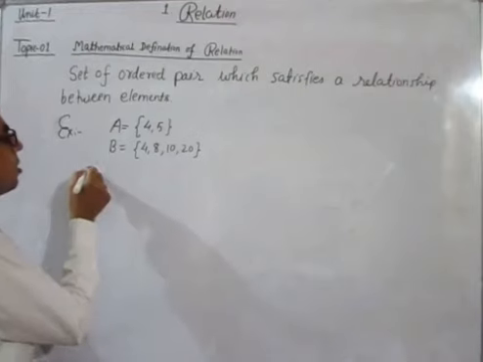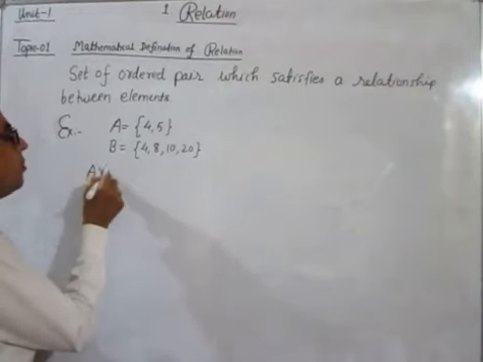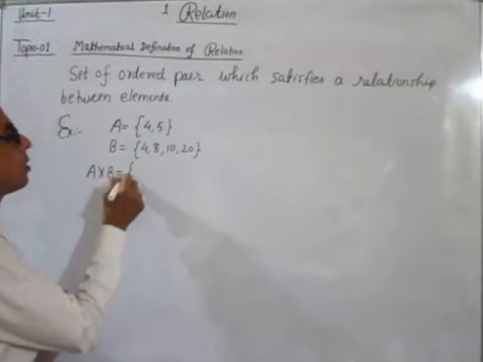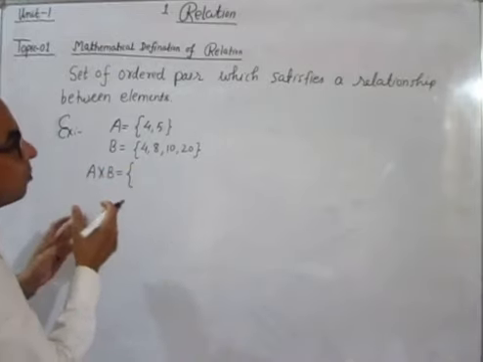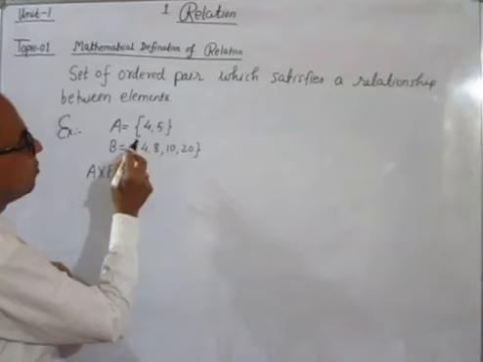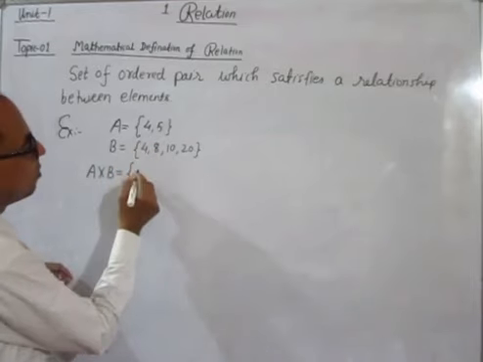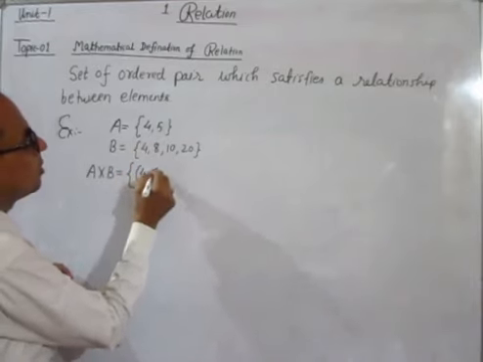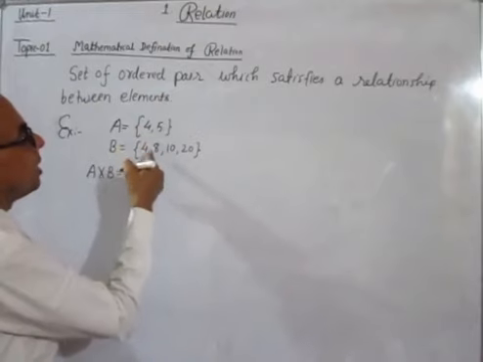So what is the Cartesian product of A and B? Cartesian product means what? Set of all the ordered pairs. So make the ordered pair 4 and 4. This is the first ordered pair. Now 4 and 8.